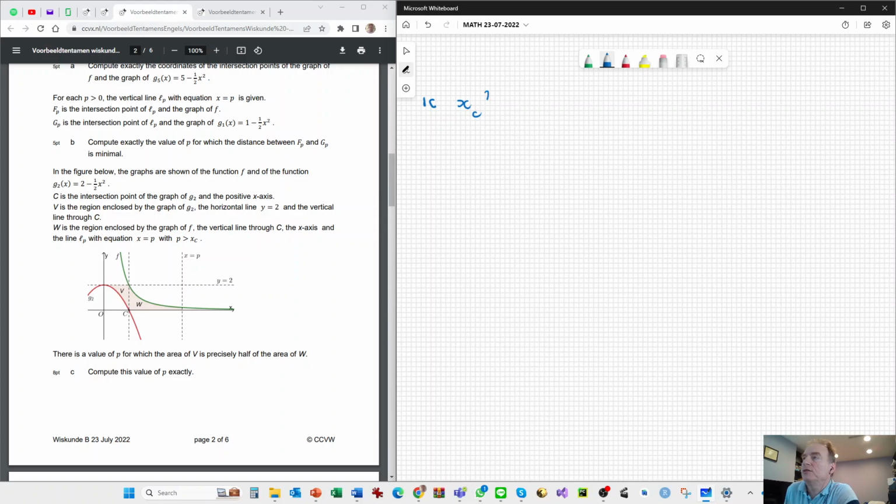That's the first thing we want to do. Well, we set 2 minus 1/2 x squared equals 0. Okay, so simplify this a little bit.